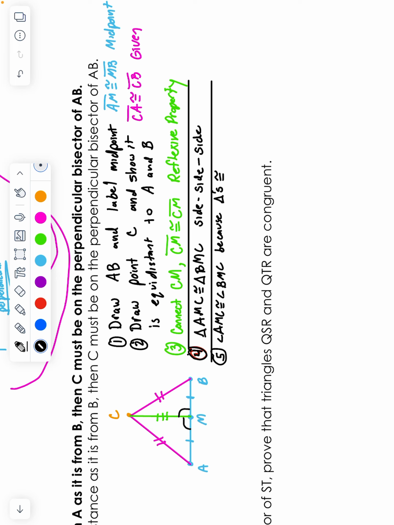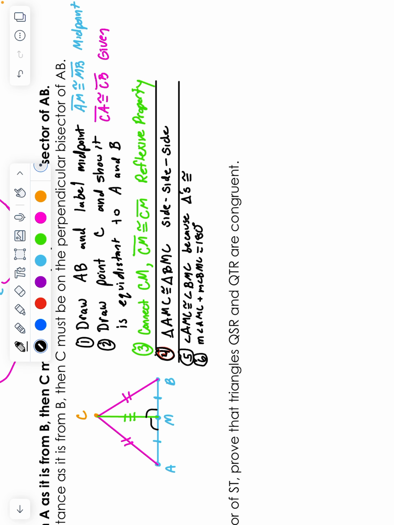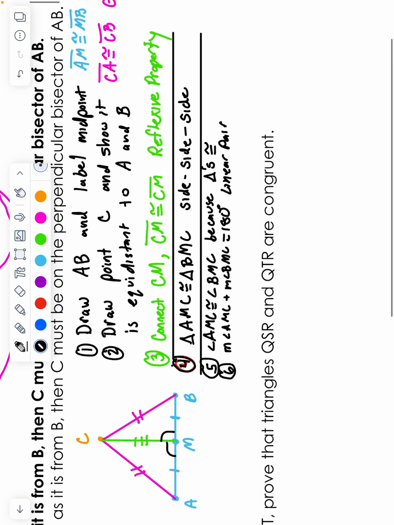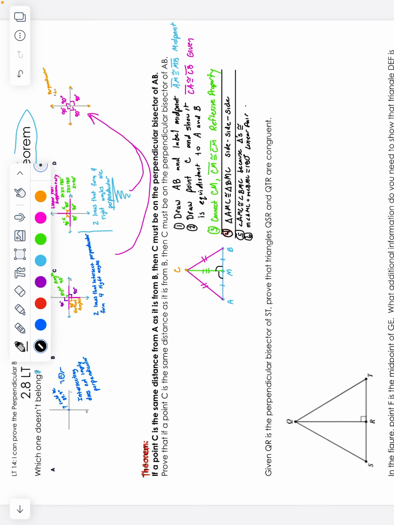Then I'm going to be very free flow in this. Angles AMC plus BMC, we're not going to go too crazy. They're congruent angles that form a linear pair. It's going to be like we were talking about above.